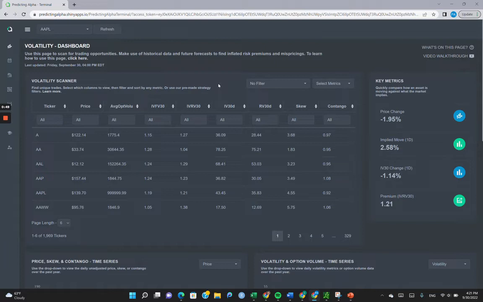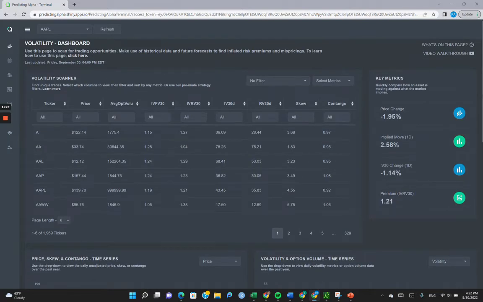Like Apple IV to Microsoft IV, the price to earnings for Apple versus Microsoft, or Coca-Cola earnings versus Pepsi earnings, etc. So today we're going to go through how we can scan for relative value trades, how to check if there is a possible trade here, and lastly, a little bit about position structuring, identifying risk exposures to different types of positions, and all of that good stuff. So let's get into it.